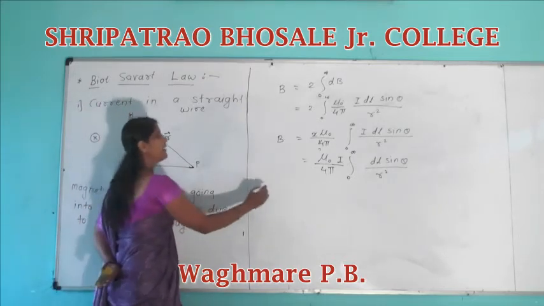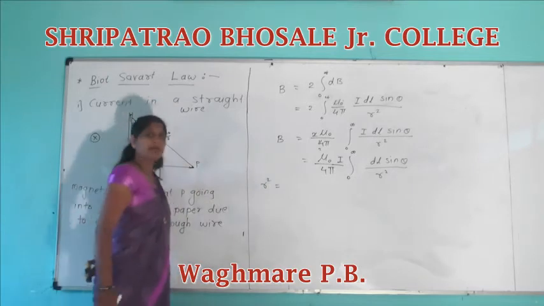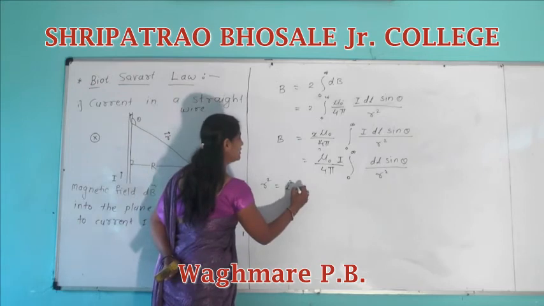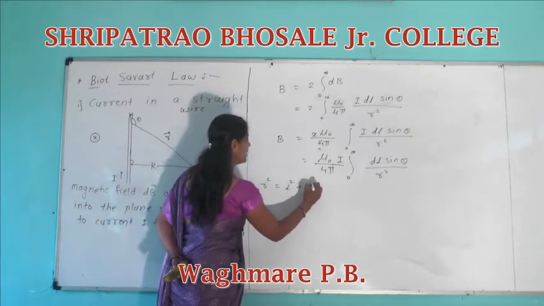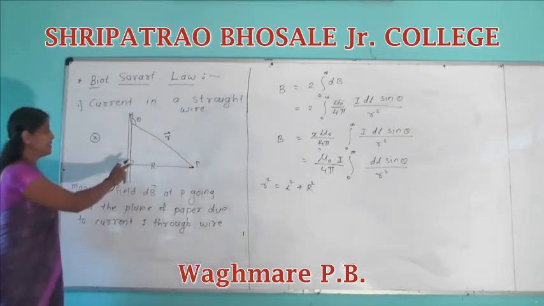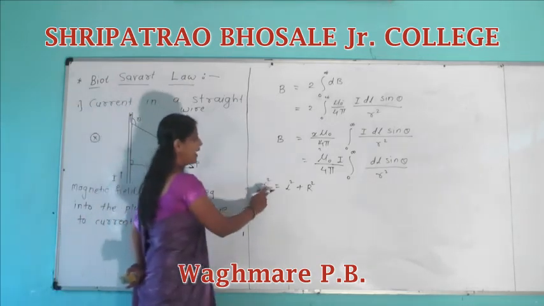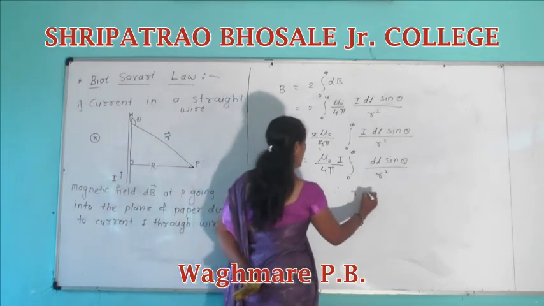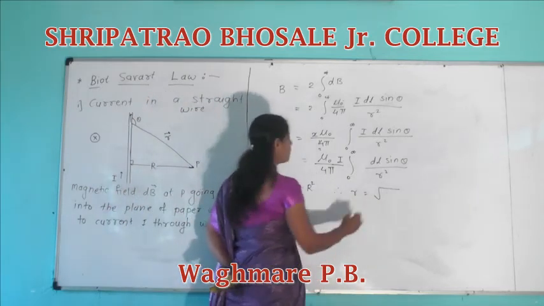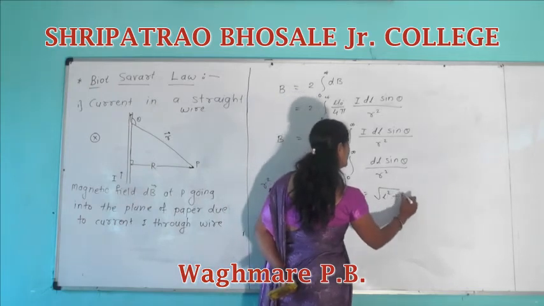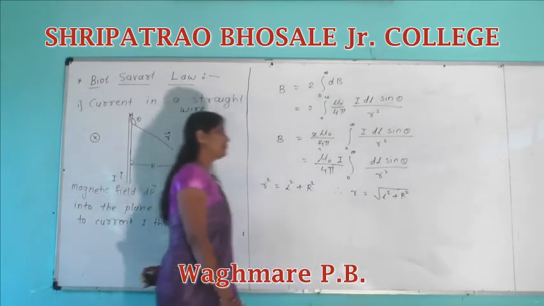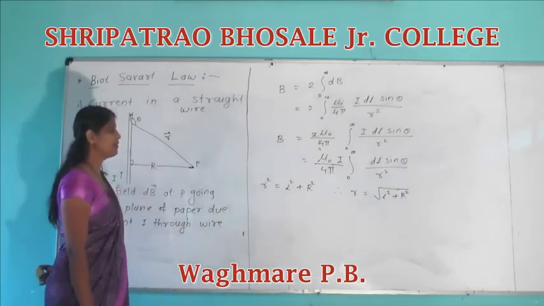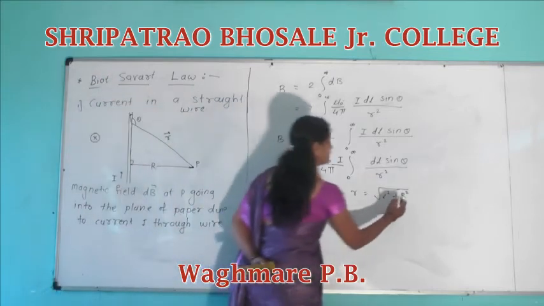Therefore, by the Pythagoras theorem, r square is equal to L square plus R square, where L is the length of the wire. Therefore, r is equal to under root of L square plus R square.